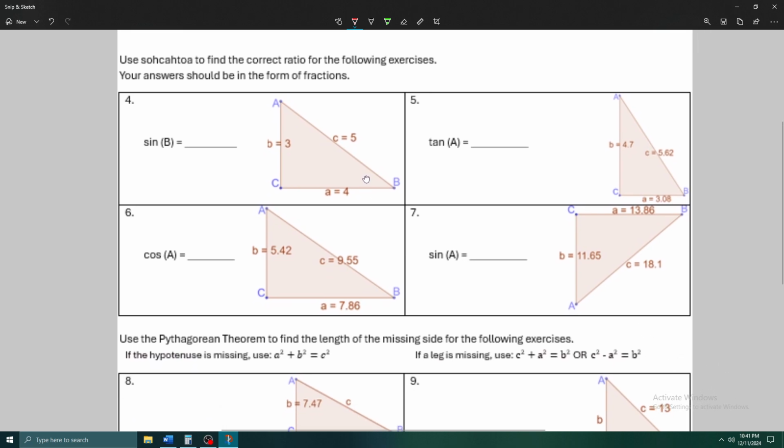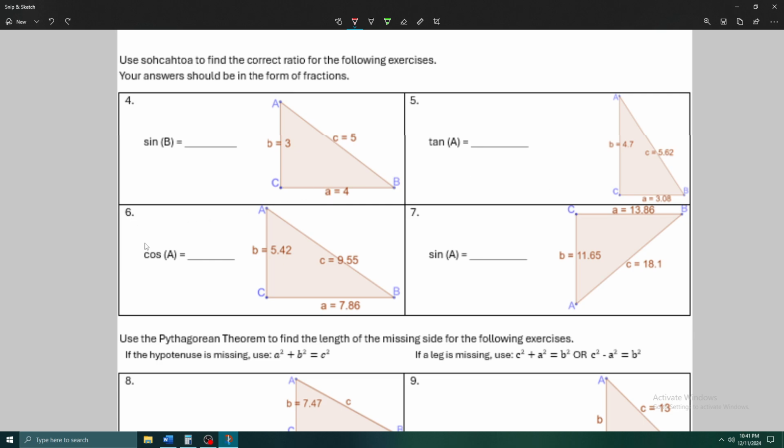These ones are a little bit more tricky, and I'll actually help you out with number 6. Because if you're looking at these decimals, you're like, whoa, I don't know what that is, right? Well, let's look at it. If we're trying to find the cosine of angle A, remember we're using SOHCAHTOA, that little mnemonic device that should help us figure out what our ratios should look like.